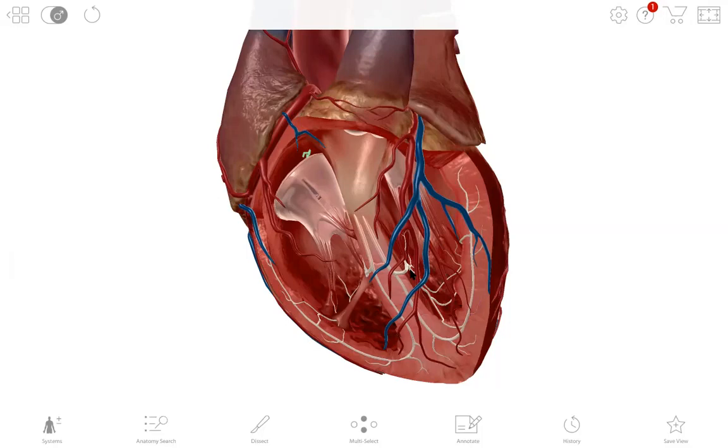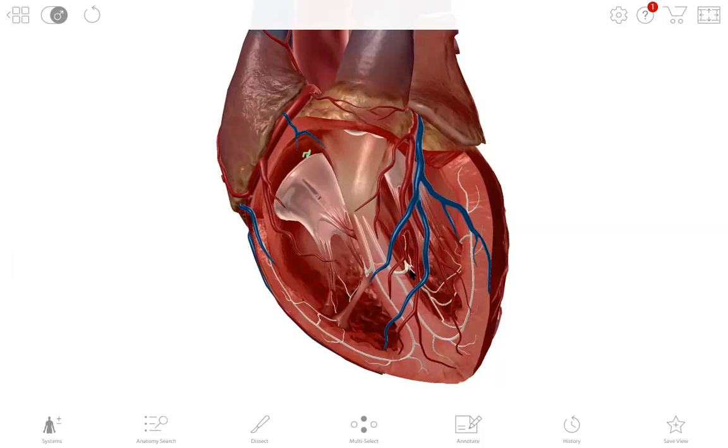At the beginning, the heart is covered by a special serous membrane, which is called the pericardium. The pericardium itself is divided into 2 layers, an outer fibrous layer and an inner serous layer. The outer fibrous layer is tough and it covers the whole heart from the outside.